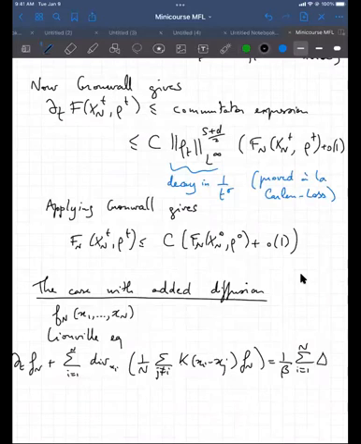And here we have a sum of Laplacians of Fn.